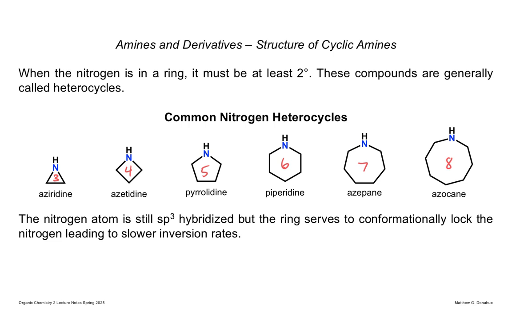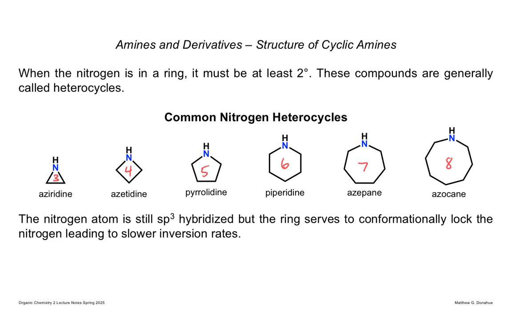In terms of the module 5 biomolecules, carbohydrates and DNA and those things, those use oxygen heterocycles. I can't really think of anything we'll learn where we're using these types of nitrogen heterocycles that are saturated, like the carbon atoms are saturated.